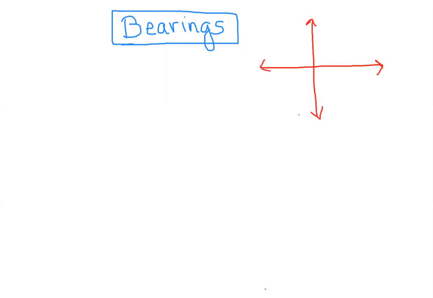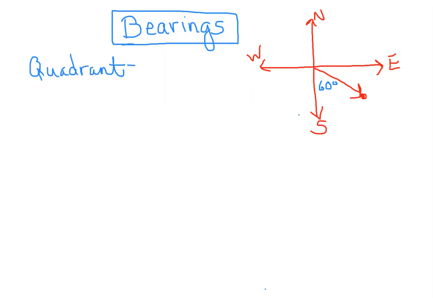So looking at your little example there, this is east, north, west, south. They tell you that this angle right here is 60 degrees. So for the quadrant bearing, it's the acute angle between a vector and a north-south line for the y-axis. The y-axis is the north-south line.